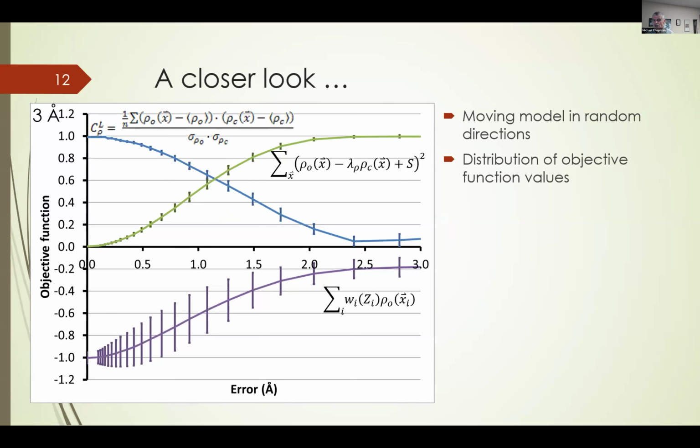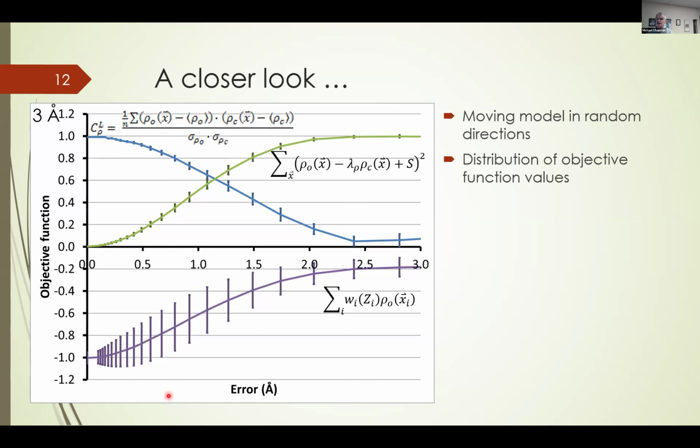Now, the challenge is what's happening down here. So this is our fastest approximation. And what we find is that a few tenths of an angstrom away from the correct structure, among the many different directions that one could go, you're finding some that are giving a lower objective function.